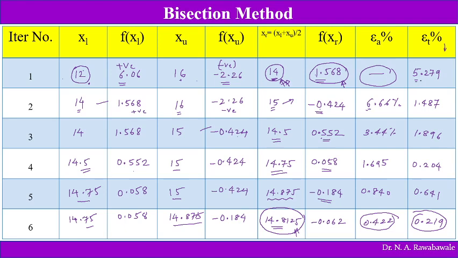So for true error we need true value and refined or revised function root. Then we can find out this true error. So formula for true error you know, as well as formula for approximate error is also known. So this is how we are going to simplify an equation and to find out the root by using bisection method.